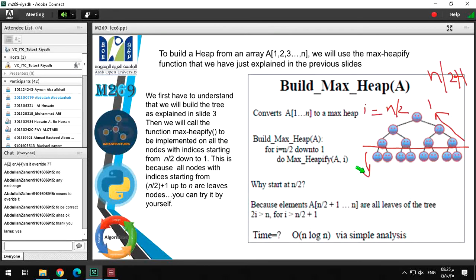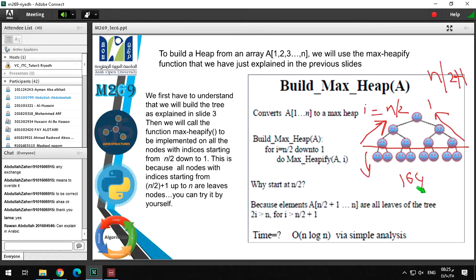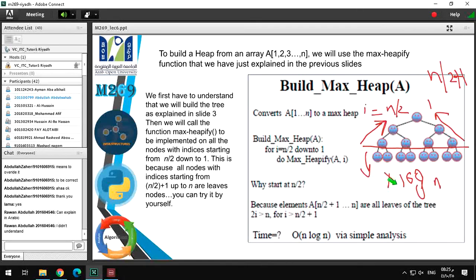So you don't need to max-heapify all the values. All you need to do is max-heapify the values from n divided by 2 down to 1. The time taken is log n, and this process needs to be applied n times. So the complexity is n log n.